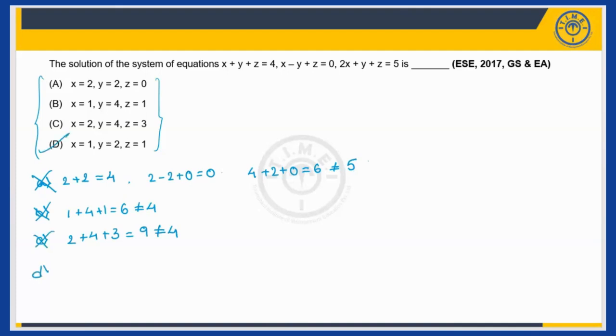When all three are checked, 1 plus 2 plus 1, which is 4, and 1 minus 2 plus 1, which is 0, and 2 plus 2 plus 1, which is 5. Right. So option D is the answer. So if the solution is given in the options, go with the options. Don't solve the system of equations. Okay.